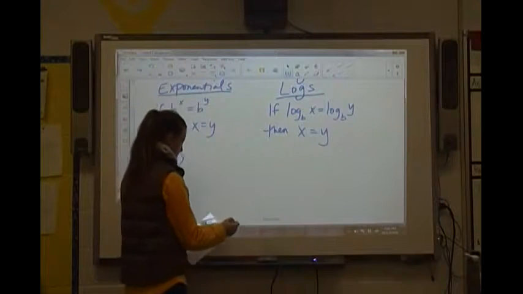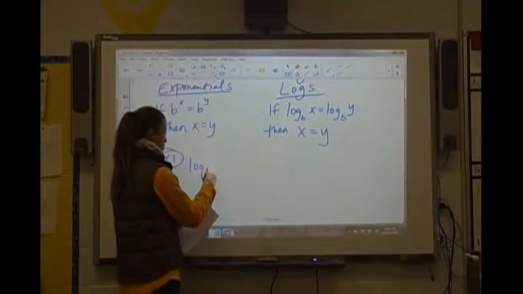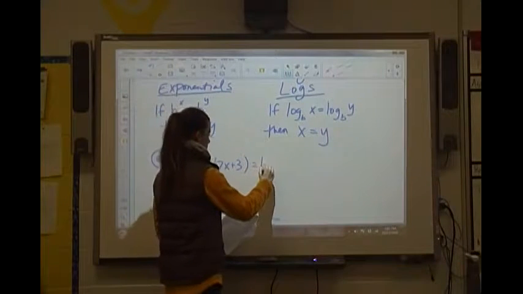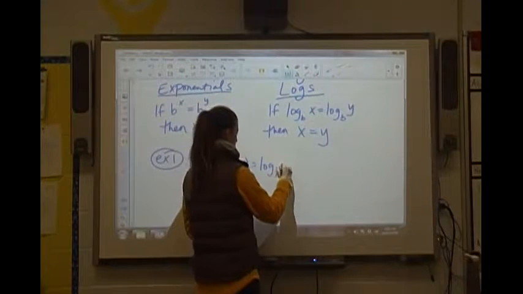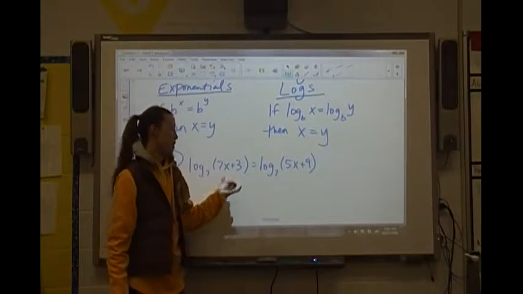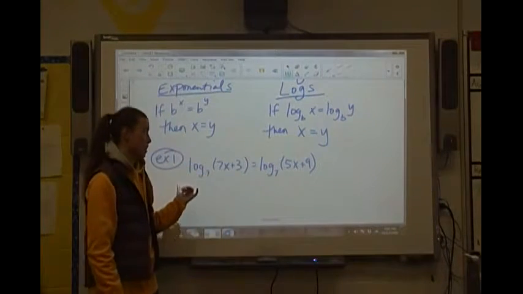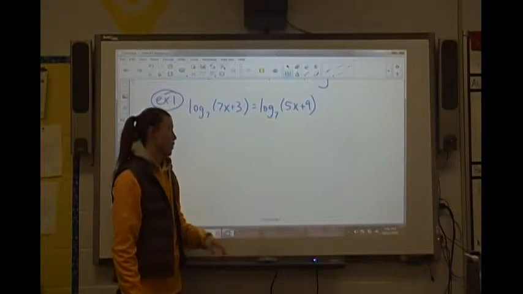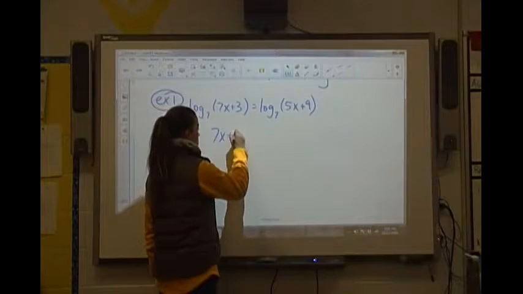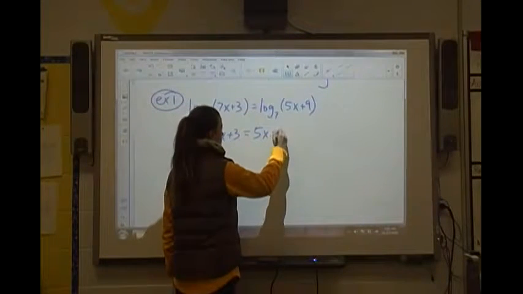So our first example is going to be log base 7 of 7x plus 3 is equal to log base 7 of 5x plus 9. Well, look at this. 7 is the base on both of these logs. So that means that they're equal to each other. All we have to do then is set 7x plus 3 equal to 5x plus 9.